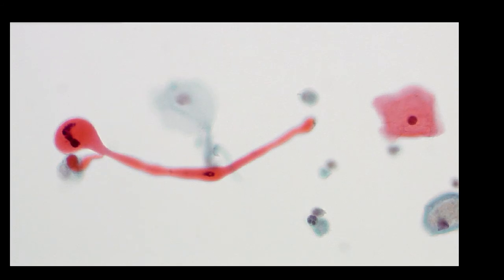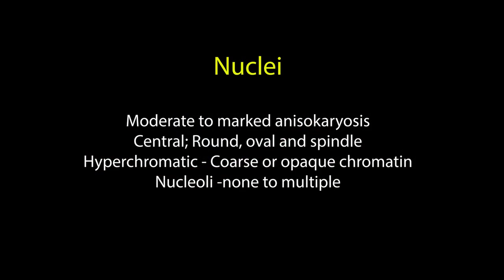The other thing we see are the really bizarre caudate type cells we've already looked at in the cervix. Nuclei in SCCs usually show fairly marked anisokaryosis. Remember, they're always central, round, oval. They can be spindle, hyperchromatic, and the chromatin is usually quite coarse in comparison to adenocarcinomas.